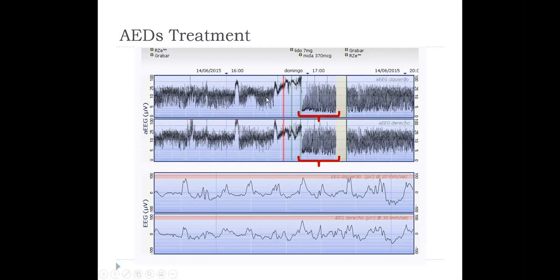This is the pattern before the use of midazolam, a discontinuous to continuous pattern. After we used the midazolam, it changed to burst suppression, and it recovered across time. This is a discontinuous pattern, and at the end it recovered the normal pattern.